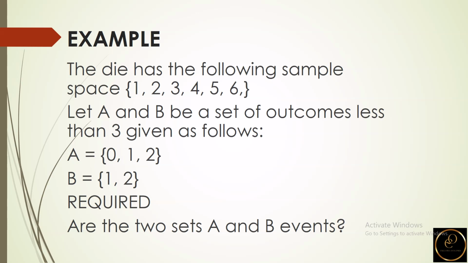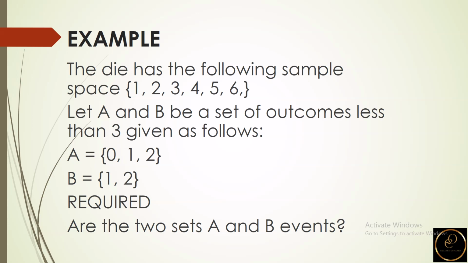What are we required in this particular case? The task is asking us to find out, are the 2 sets A and B events? That's a question we have to answer. So how do you go about this? Are the 2 sets events? Definitely when you look at set A, 0 is not one of the elements in the sample space.